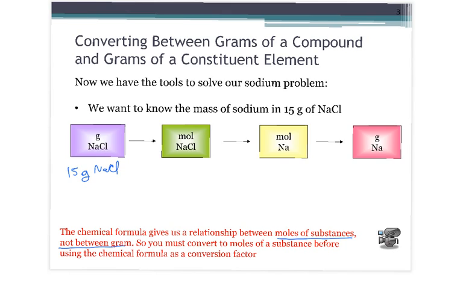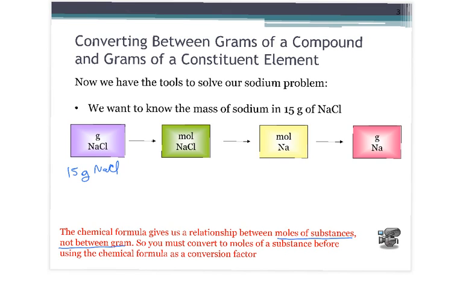Okay? Remember, this is like comparing apples and oranges. We have to convert to the mole, which is our common unit. It's the chemist's dozen. So 1 mole of anything has the same number of particles. So that is why we have to go to moles first.